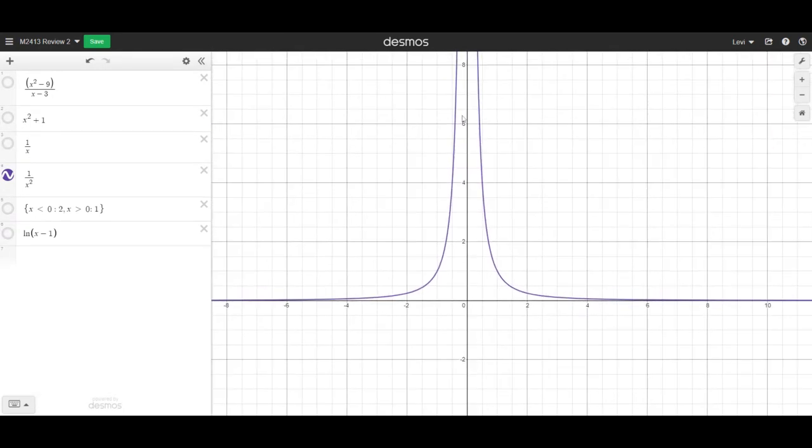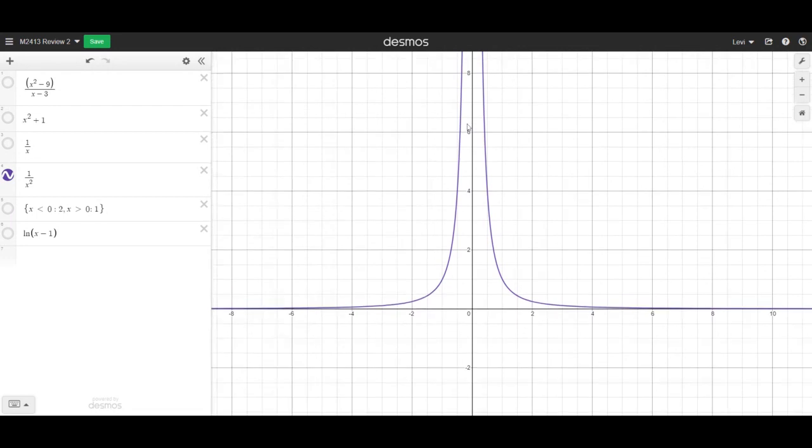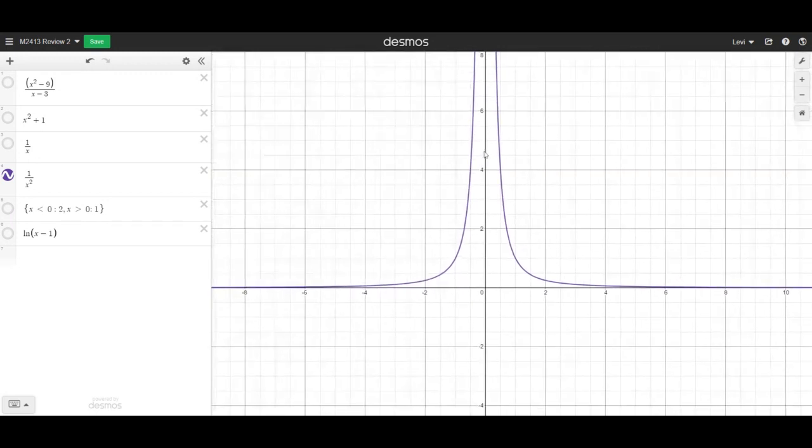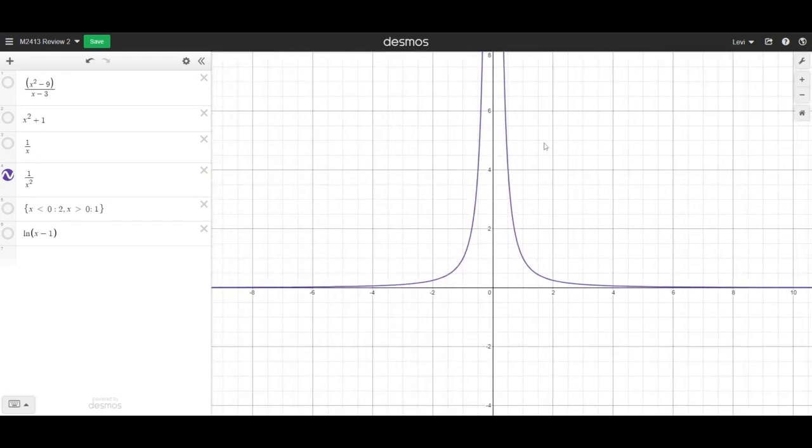In my opinion, both are technically correct. It really just depends on who your professor is, honestly. But yes, that might be something you would want to double check with your professor, whether they want you to say this is infinity or it doesn't exist.